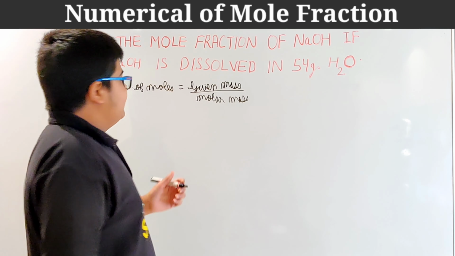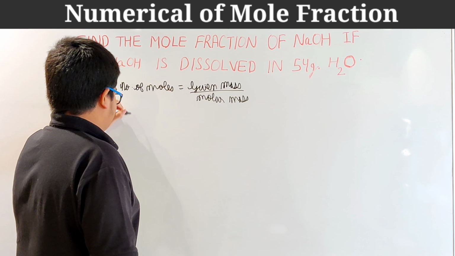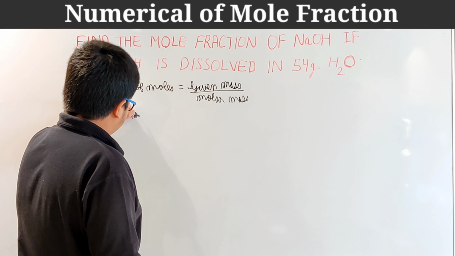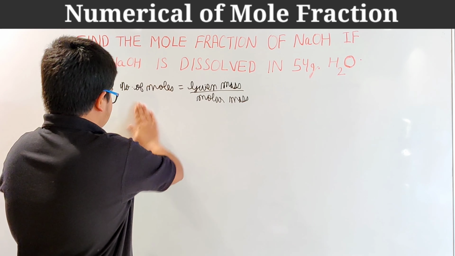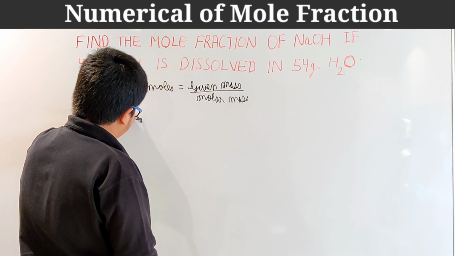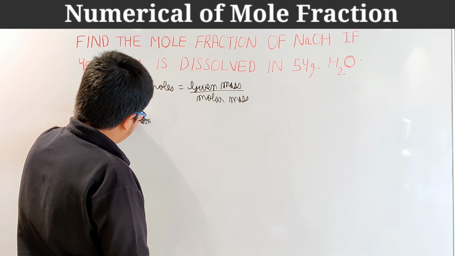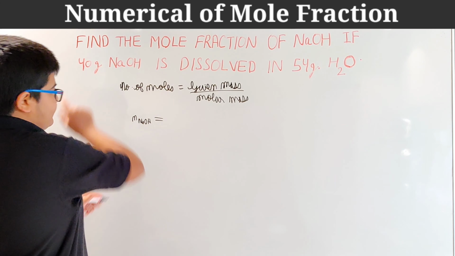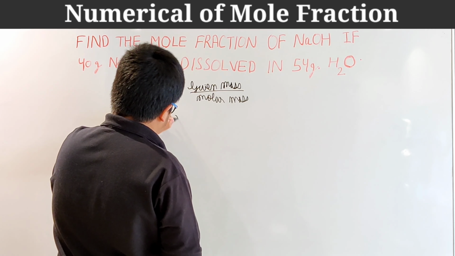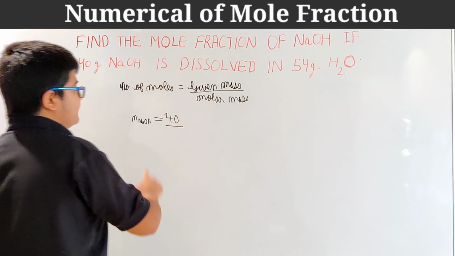So first let's find the number of moles of NaOH. Number of moles of NaOH is equal to, as given mass is 40 gram, upon molar mass.